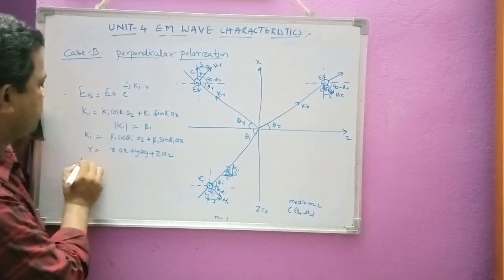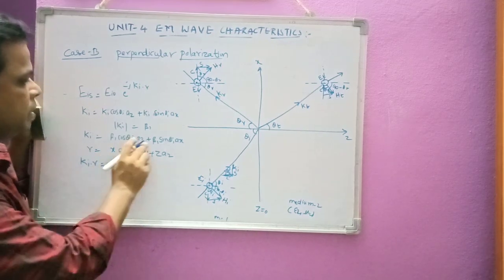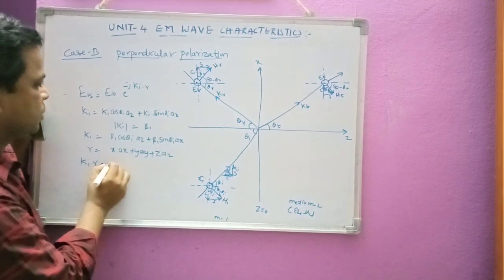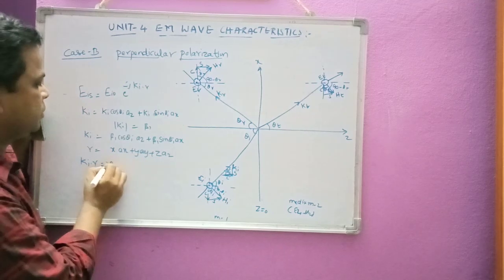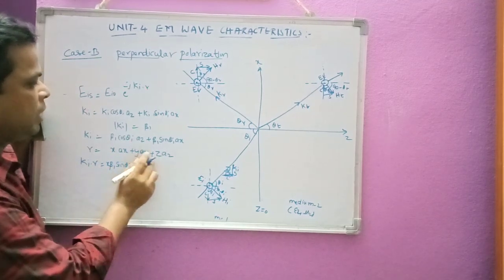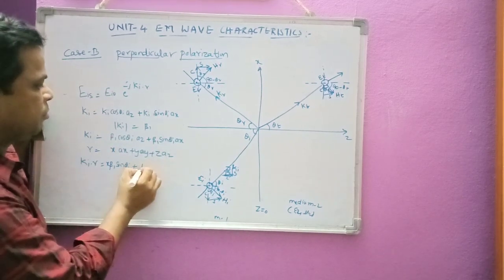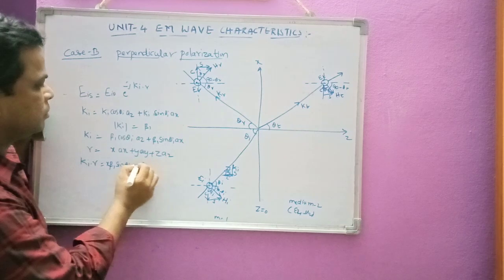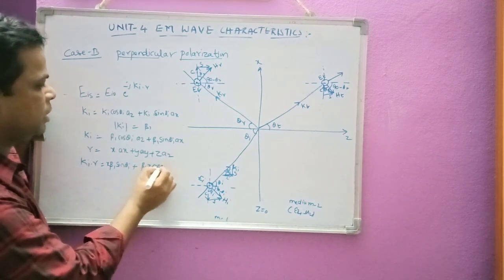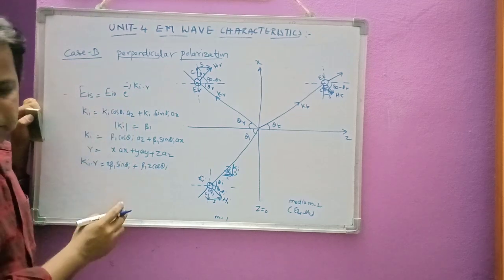Now if I take the dot product of these two, ki dot r, ax dot ax is 1, that is beta 1 x sin theta I, plus, az dot az is 1 here, beta 1 z cos theta I. Okay, now I can write the final equation for EIS here.